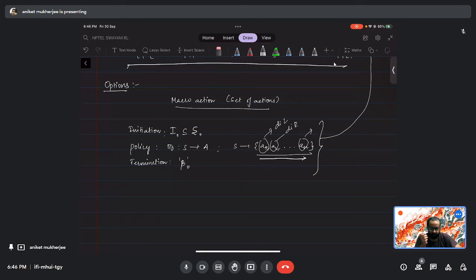Next action could be go diagonal left. So it could be anything, but it would always, with probability 1, reach a black state, because a black bishop can never go to a white state. Similarly, for a white bishop, it would be the other way around. So all the initiation states would be the white states, and all the termination states also would be the white states. So now the bishop is one of the examples for an option.